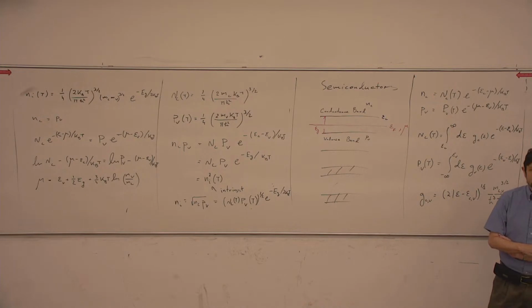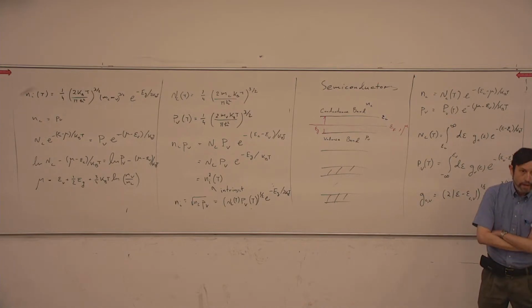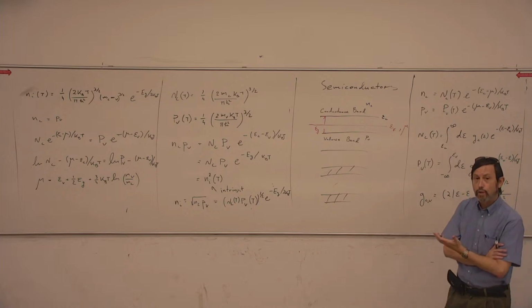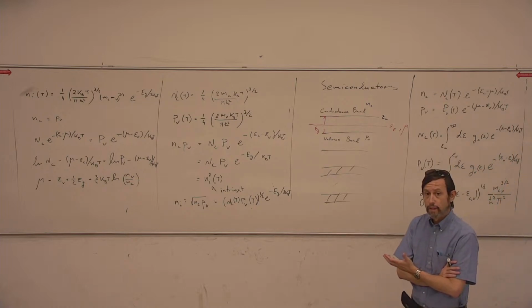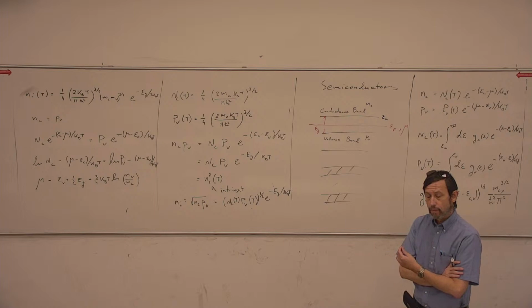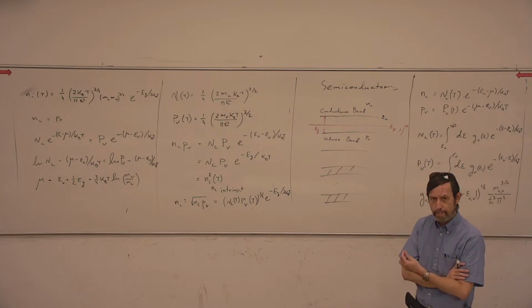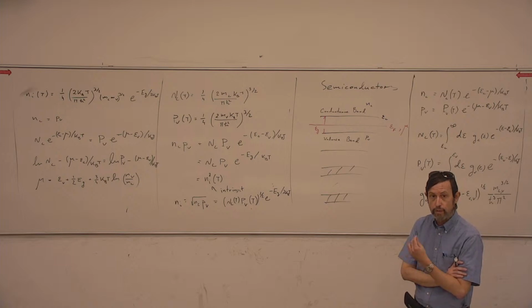What happens if we don't have a pure sample, or for some other reason we were able to introduce electrons into the system?